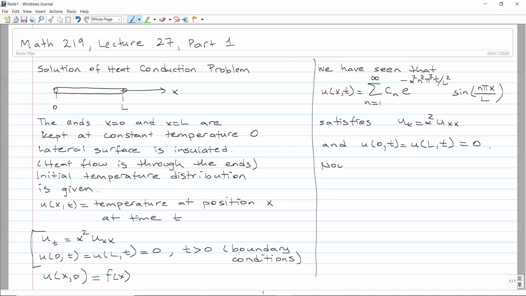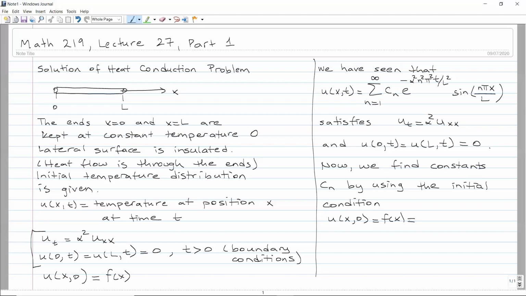Now we find the constants c_n by using the initial condition. u(x,0) is given by this function f.